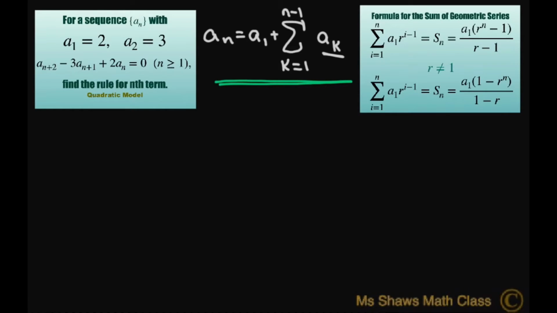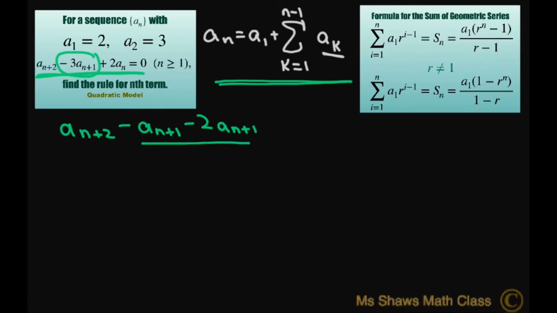And so basically let's break this up a little bit so we can see the pattern. So I'm going to write this as a sub n plus 2 minus a sub n plus 1 minus 2a sub n plus 1. That gives me this minus 3 times a sub n plus 1.